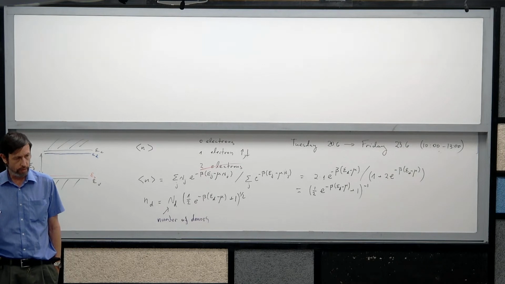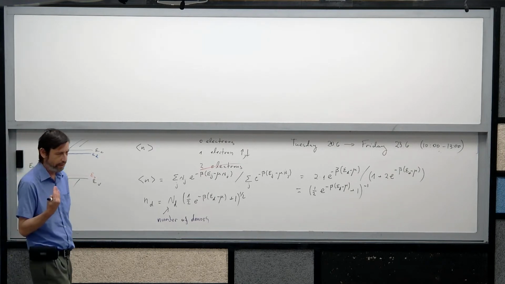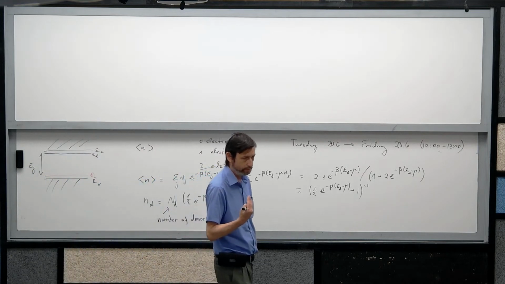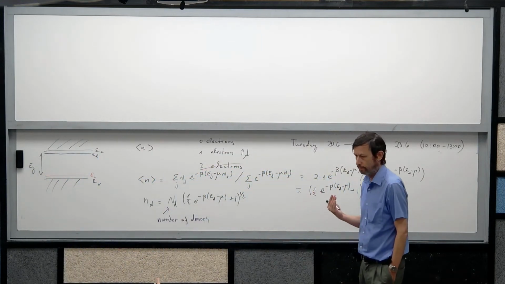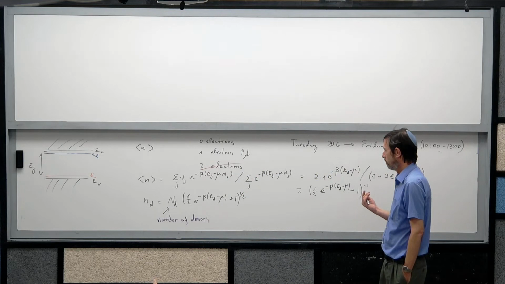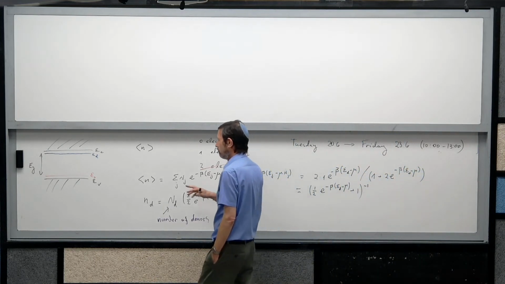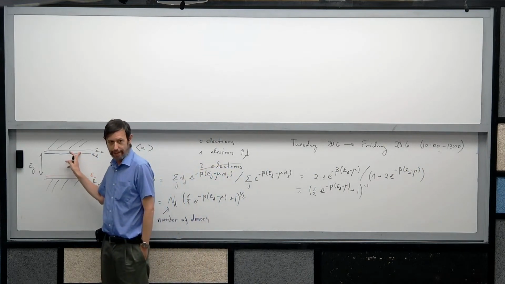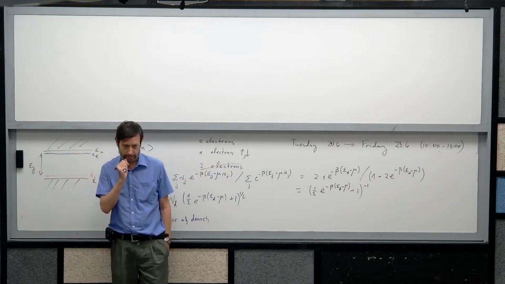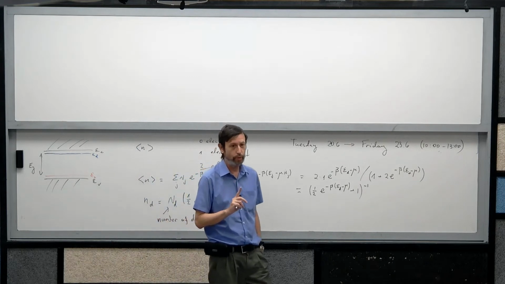What is a donor? An impurity with 5 valence electrons. And in the energy of donors is where all the electrons sit, or the imperfections? Well, now you can ask an interesting question that we won't go into.